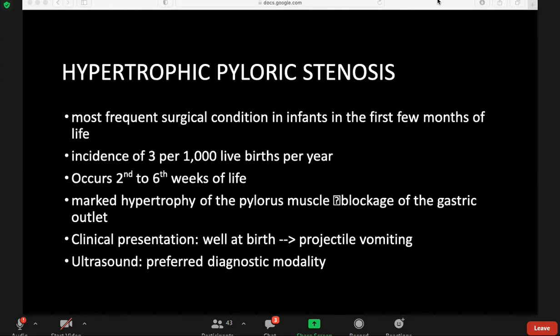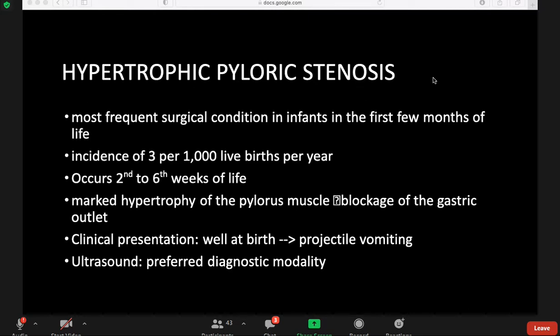So, for a brief discussion about hypertrophic pyloric stenosis, it is the most frequent surgical condition in infants in the first few months of life, with an incidence of 3 per 1,000 live births per year. And it occurs usually between the 2nd to 6th week of life. This happens when there is marked hypertrophy of the pylorus muscle, leading to the blockade of the gastric outlet.